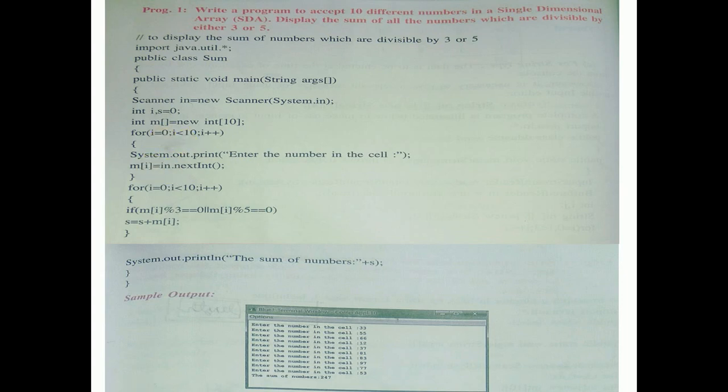After accepting all of them, the condition is we want to display sum of all the numbers which are divisible by either 3 or 5. So, see, I once again start from 0 less than 10. First time I is 0.